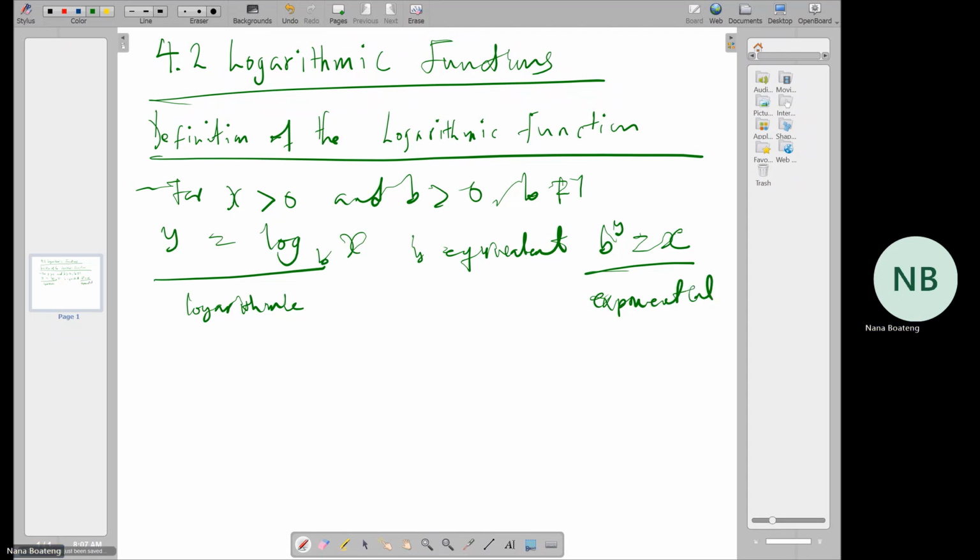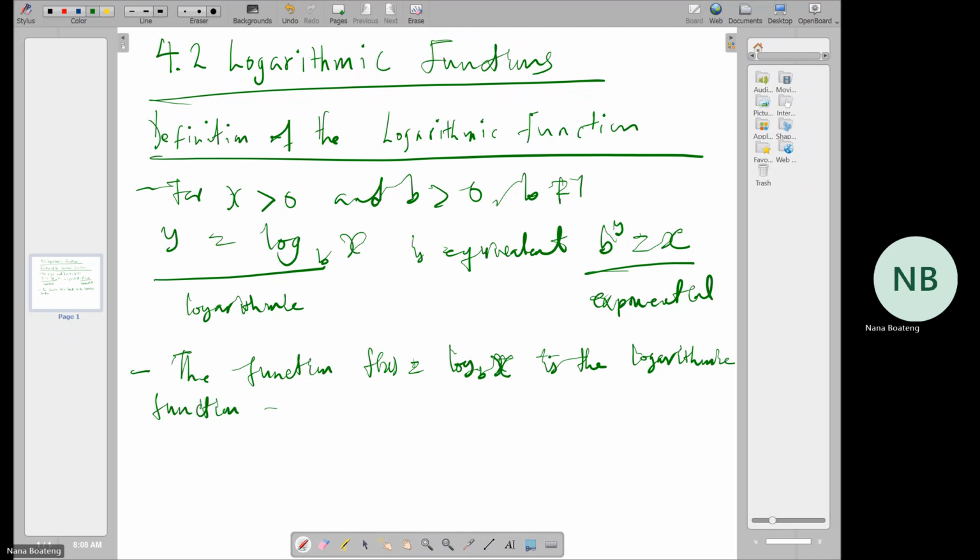And when we write a function f of x is equal to log to the base b of x, this is the logarithmic function with base b.